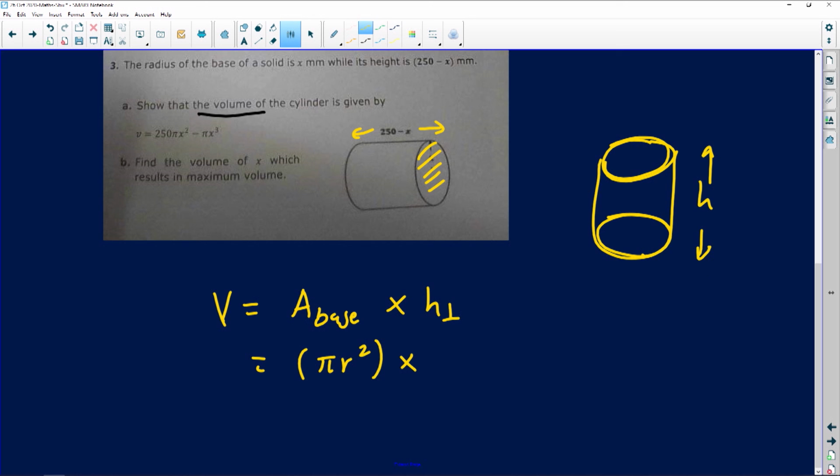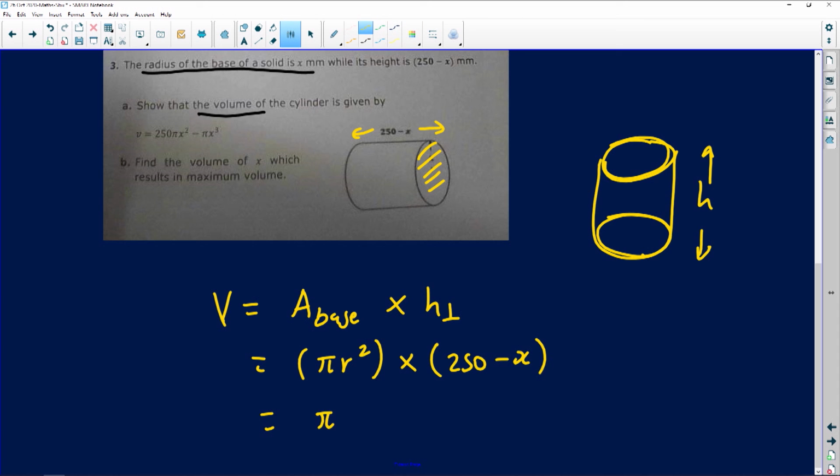So that means that 250 minus x is actually the height of this particular cylinder that you're looking at right now, which means we can have 250 minus x right there. But what is the radius of this particular thing? We were told, in the opening statement, that the radius of the base is x millimeters. So my r is going to be x. What am I looking at now?